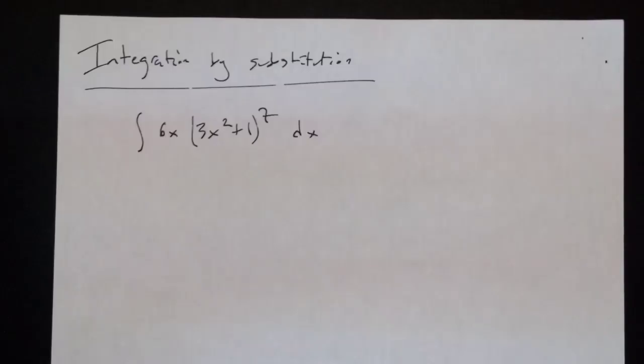At first glance, I look at this, I say, well, oh, this is a polynomial. I just have to multiply it all out. 3x plus 1 to the 7th? I'll be here for a week. I don't want to do that.